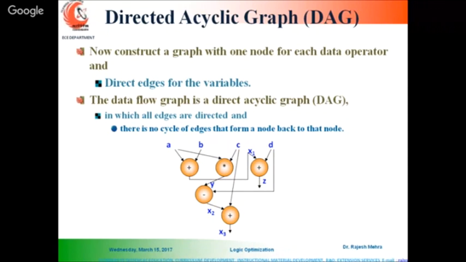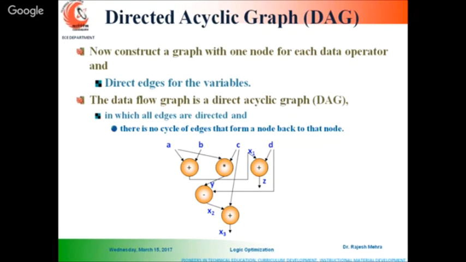So just compare this DAG with those 5 expressions. What was your first expression? The first expression was X1 implies A plus B. So here you can see A, B, plus, and the output is your X1.